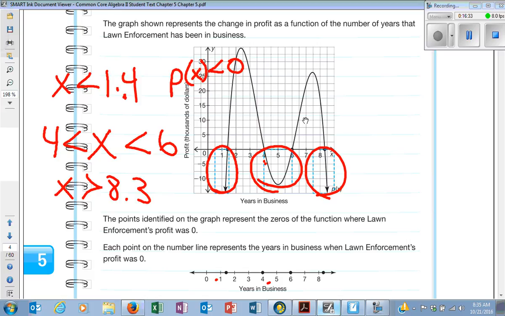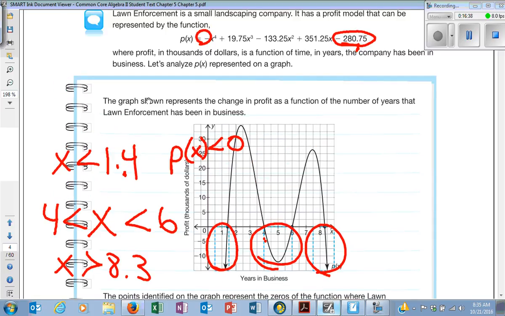So basically if I said, hey, I'm in business, and this is my model, I figured out that this is what it's going to look like. I'm in year 2.5. By prediction, by using math, should I be making money this year or should I be losing money? And you could go to the inequality and say, well, that's where P is greater than 0. You should be making money, almost at your highest point, right?